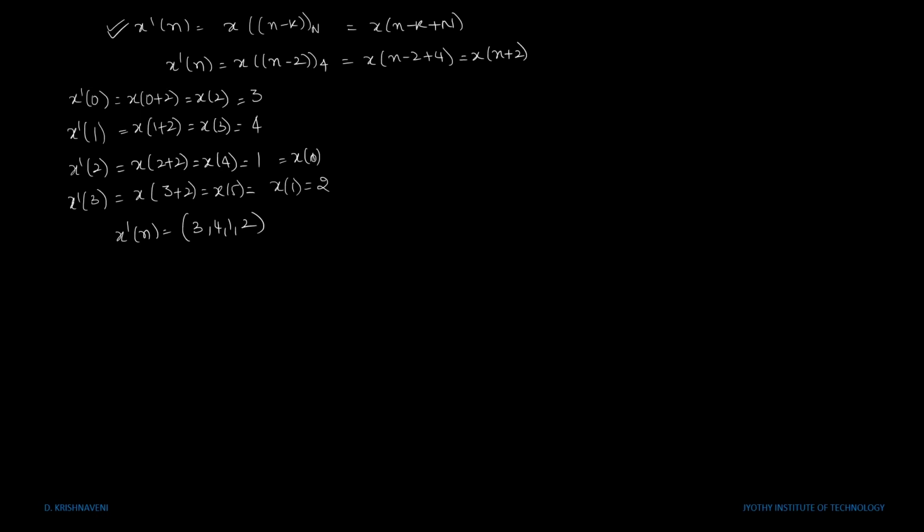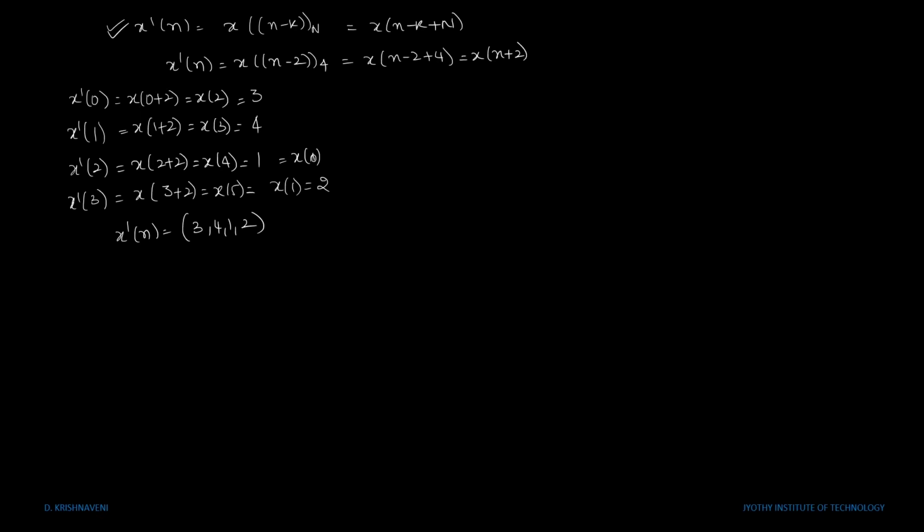Now we generally take counterclockwise or anti-clockwise direction as positive direction. So in the normal linear shift, if I take x of n minus 2 to be shifted right, that is right side is considered positive and left side is considered negative.